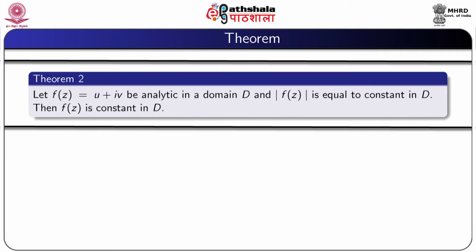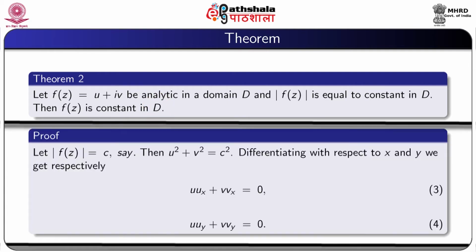Now we prove a result. Let f(z) equal to u plus iv be analytic in a domain D and mod f(z) equal to constant in D. Then f(z) is constant in D. Given that mod f(z) is constant, we assume that mod f(z) equal to c, where c is any constant.